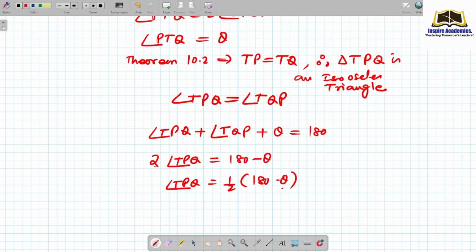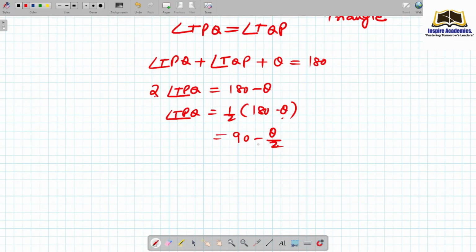Is this a correct statement? Also we can say 90 minus theta by 2. So TPQ is 90 minus theta by 2.